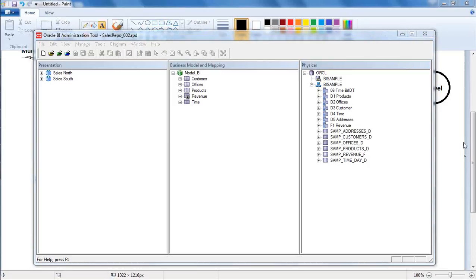See, OLAP is not an OBIEE standard. OLAP is a market standard. It's a generic standard built by some standards body, which takes care of defining OLAP features and OLAP principles.